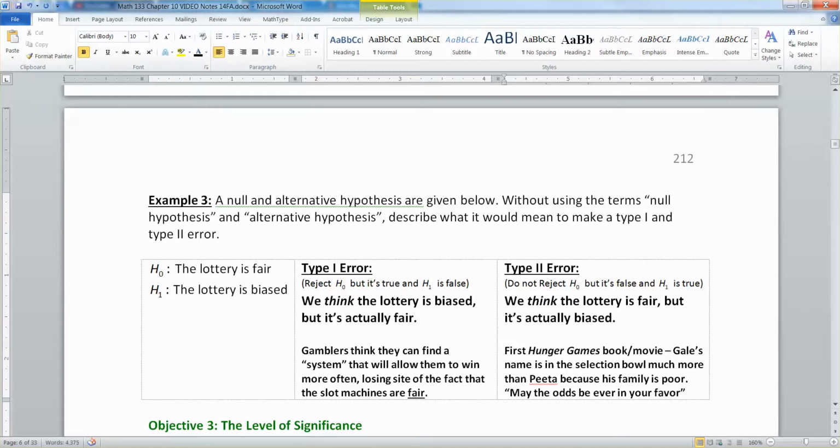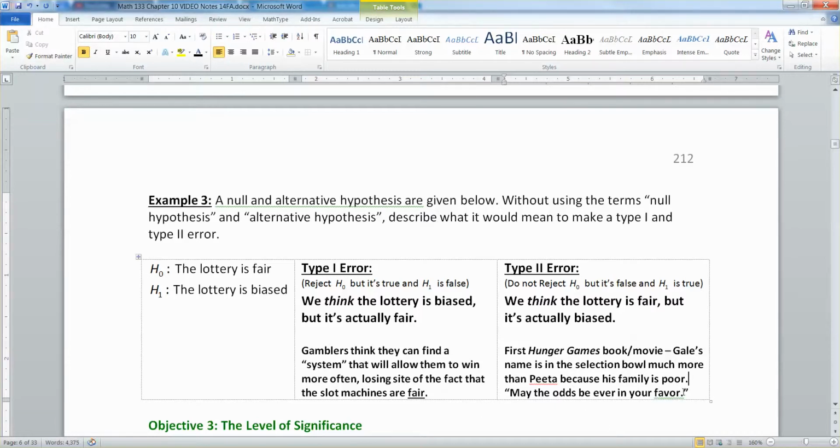So the Capitol's treating the Hunger Games like they're fair, quote unquote. But of course, the book is all about how they are completely biased against obviously the districts as well as the poor people. And of course, if you haven't read the book, then I'm sorry, just imagine, right? You think the lottery is fair, but it's actually rigged, right? You somehow take a lottery with Al Capone, right?